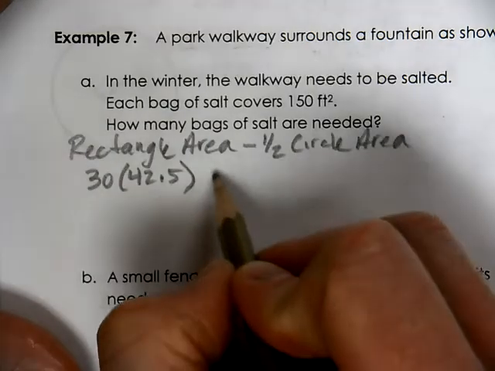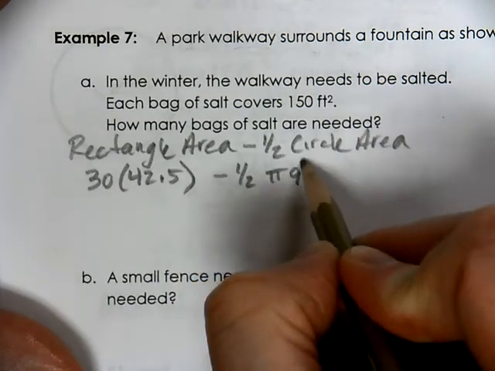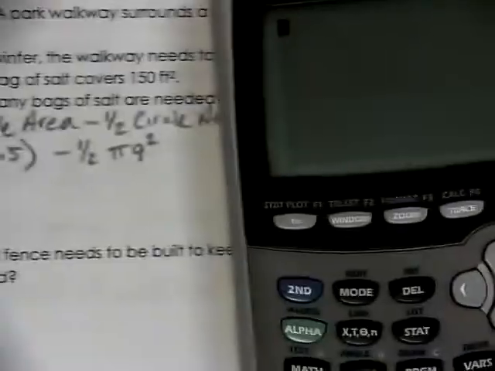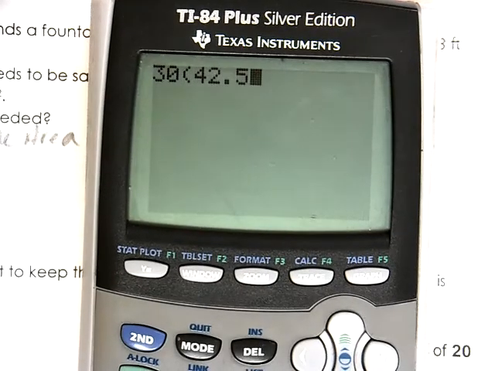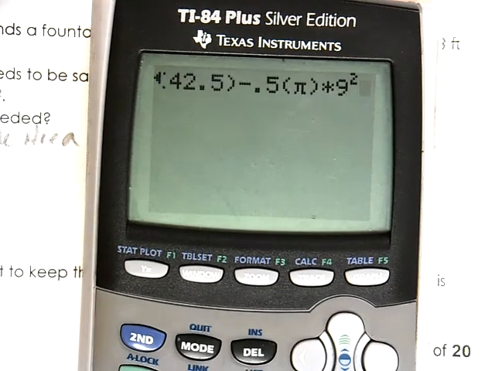So that's half the circle. Half pi r squared. So that's going to be 30 times 42.5, and we're subtracting 0.5, which is half, times pi times 9 squared.